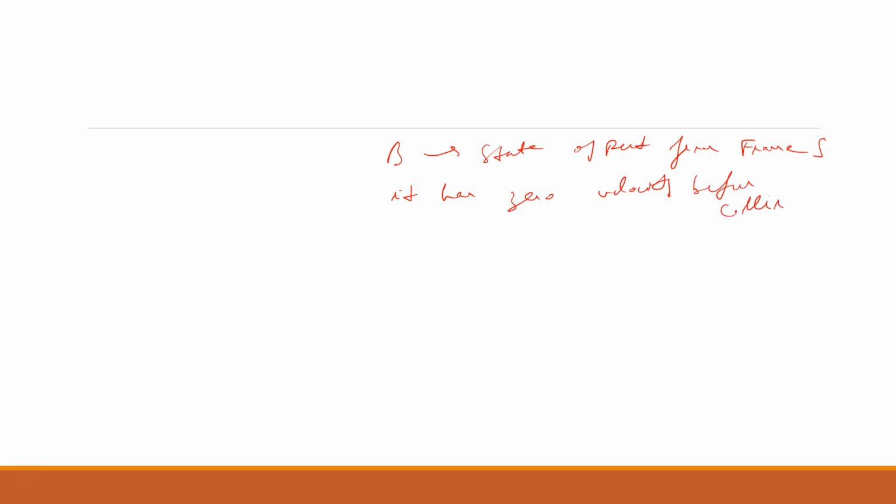Okay, to make this result simple, let us assume that the particle B is in the state of rest from the start, from frame S. That is, it has zero velocity before collision.